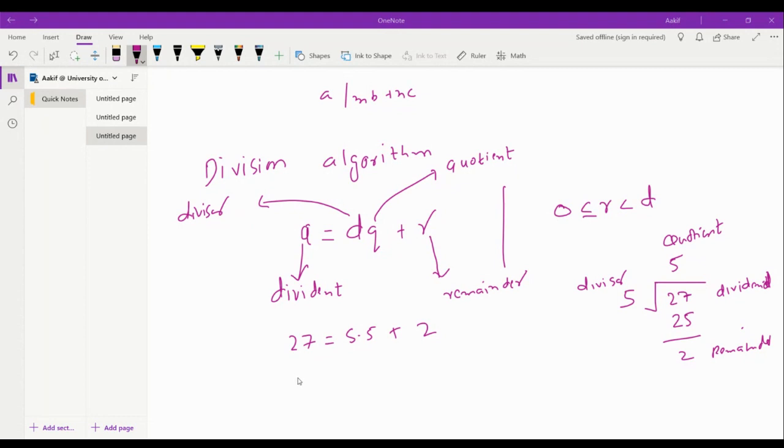So if we want to get the value of the quotient, it will be Q is equal to A divides D, or in other words, if we take this example, 27 by 5, or in other words, it's like A by D.